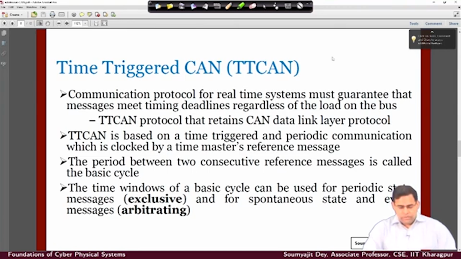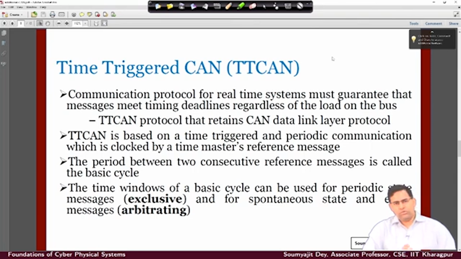That means you have specific time windows which are exclusive for periodic messages, and there are windows where we can have spontaneous event driven messages.